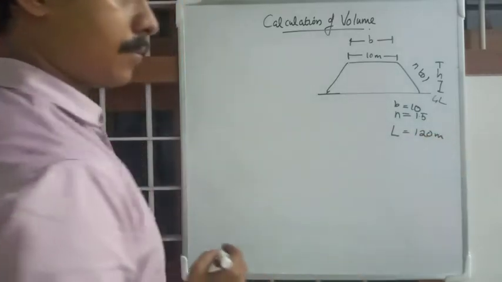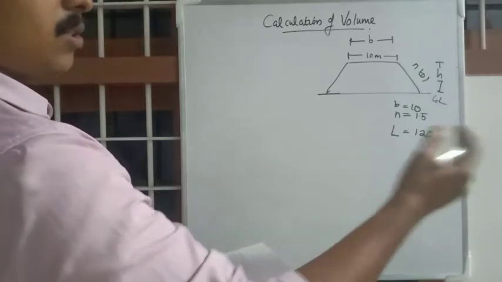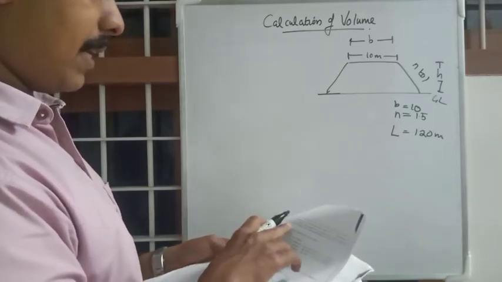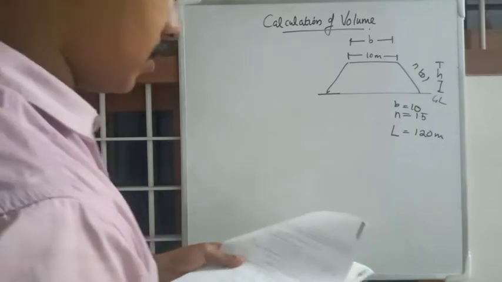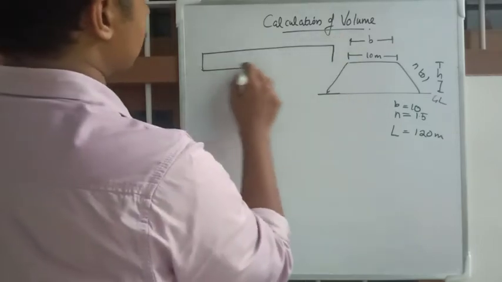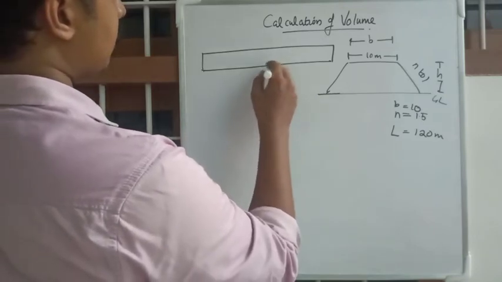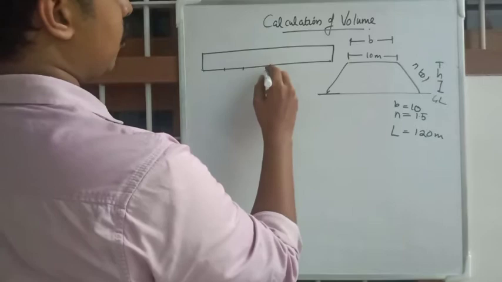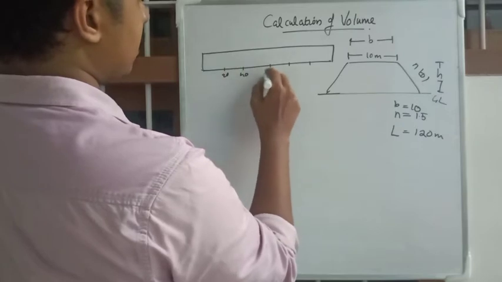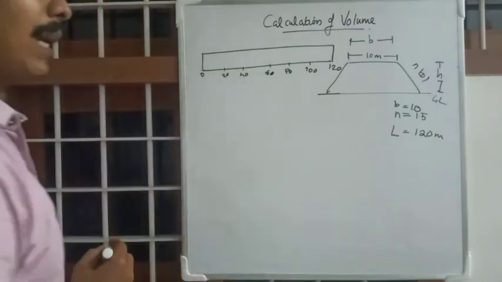The center heights at 20 meter intervals, that is 20, 40, 60, 80, 100 and 120, are given.